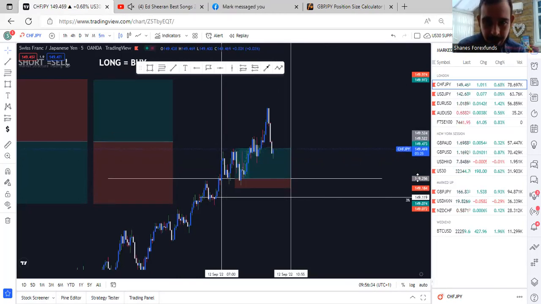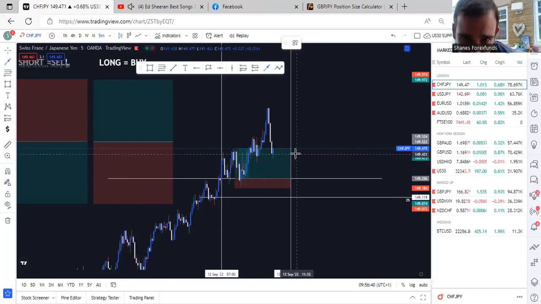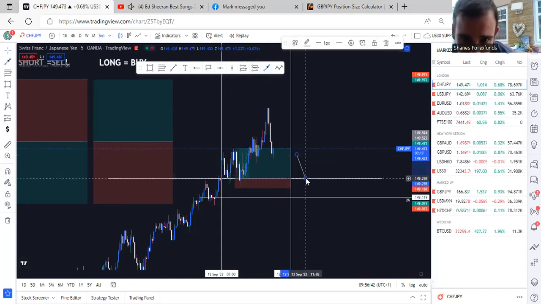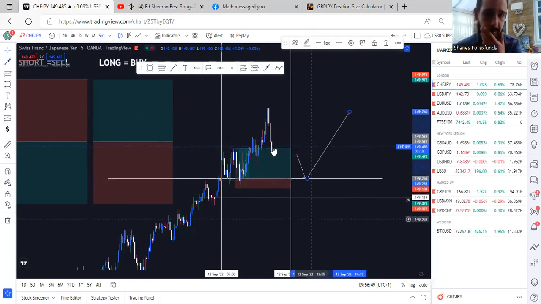Okay. So a buy limit, I'm waiting for price to push away like it has. And then I want the price to come down and tag and then bounce. So a buy limit is a bounce.